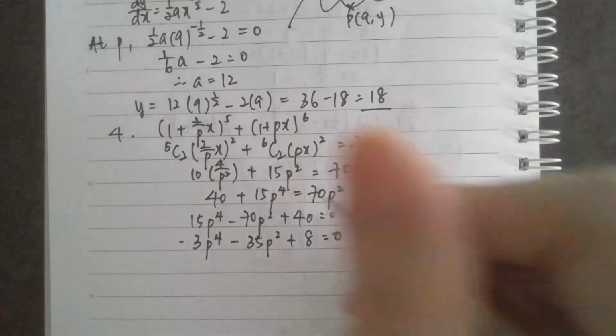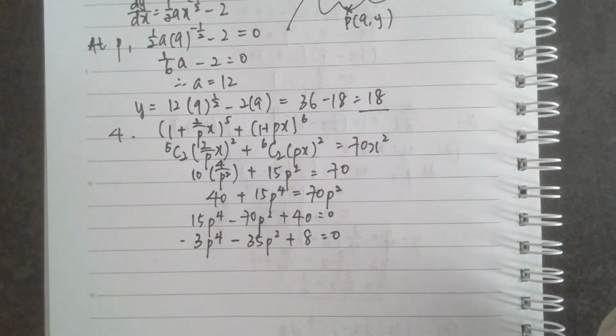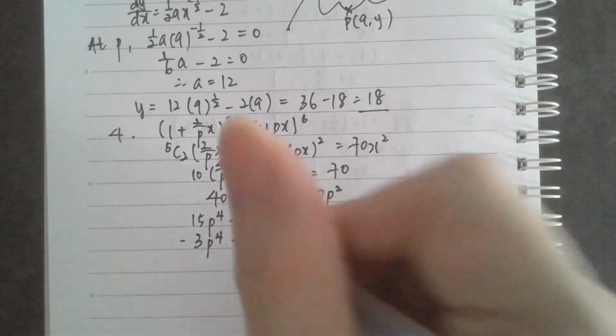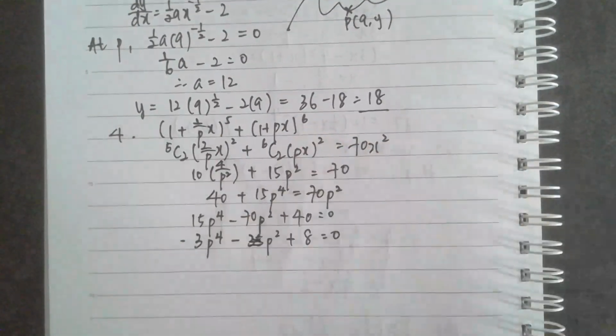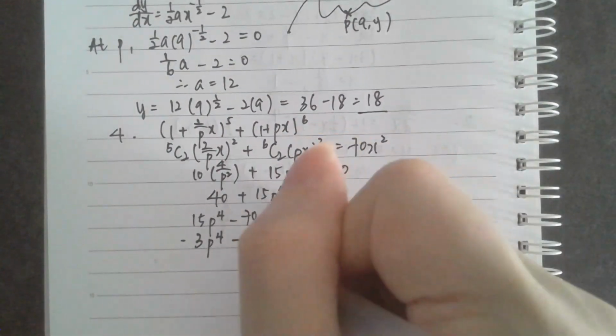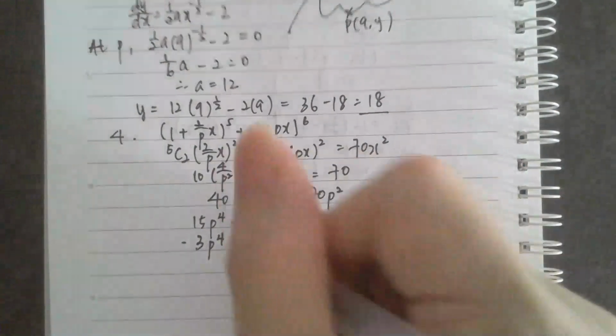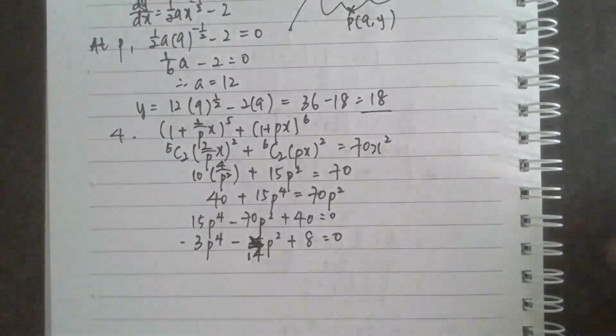Sorry, divide 5. So 70 divided 5 is not 35. 70 divided 5 is 14p. So that's 14p squared.